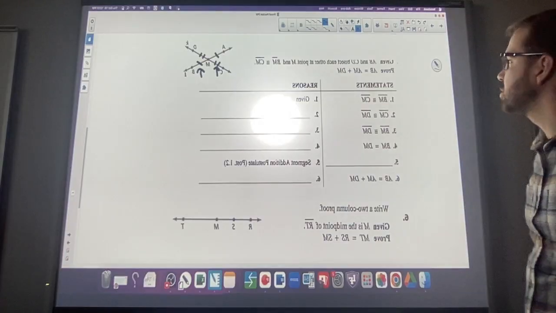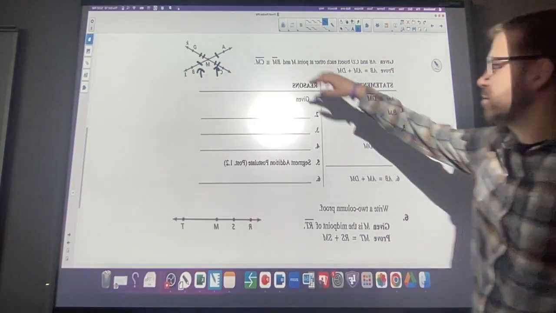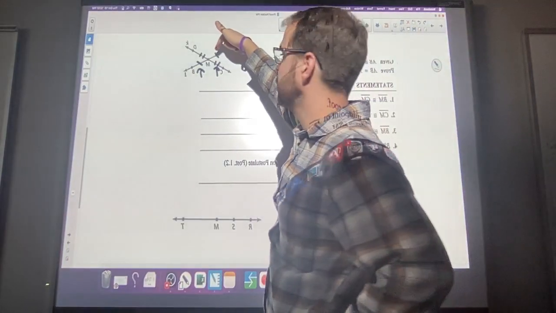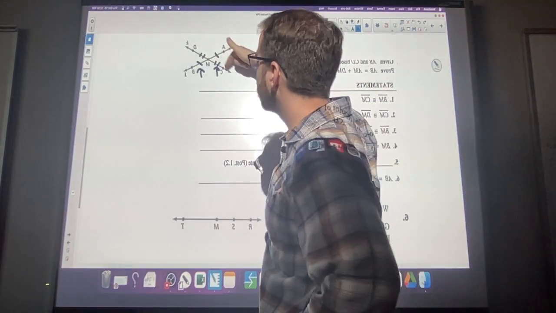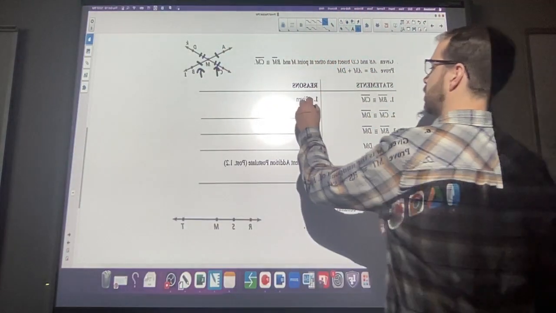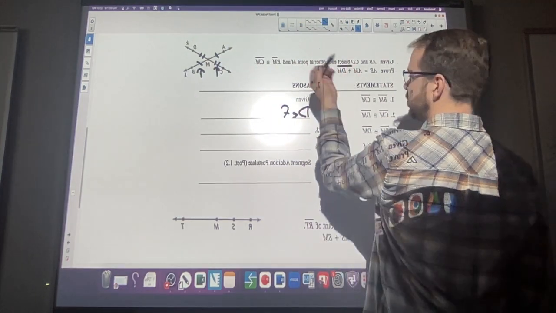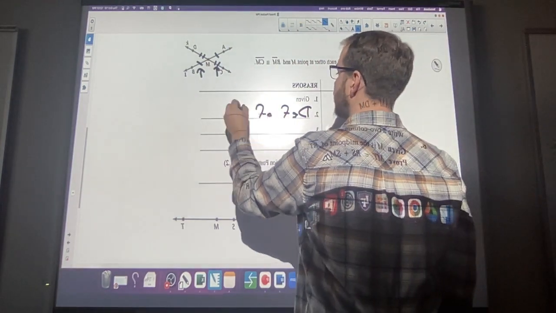CM is congruent to DM. So let's look at our picture here. They're saying that CM is congruent to DM, and that's because there's a midpoint. So we'd say definition of bisector, since they're being bisected.